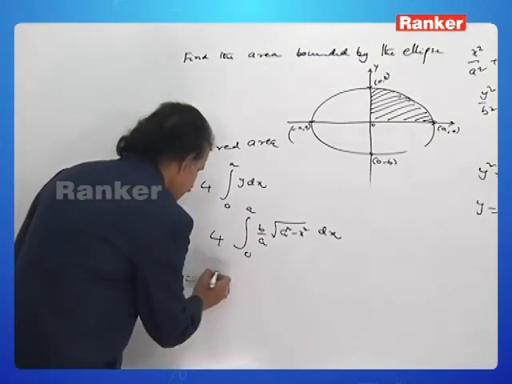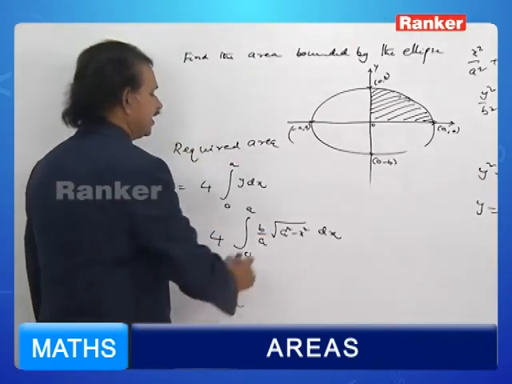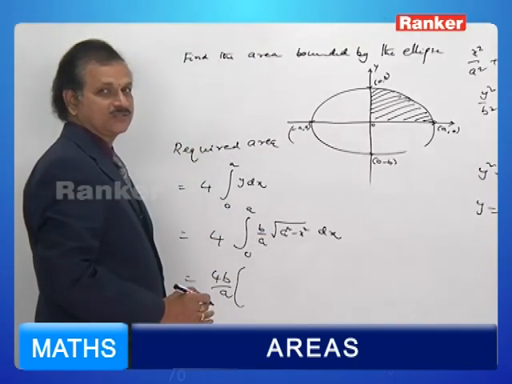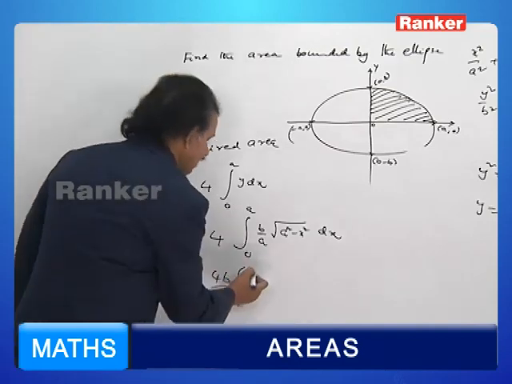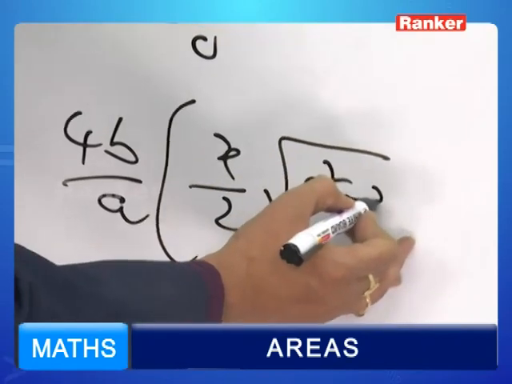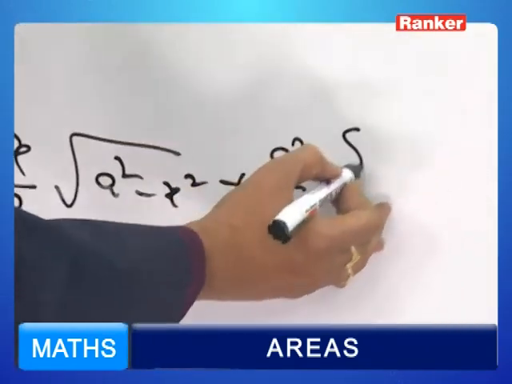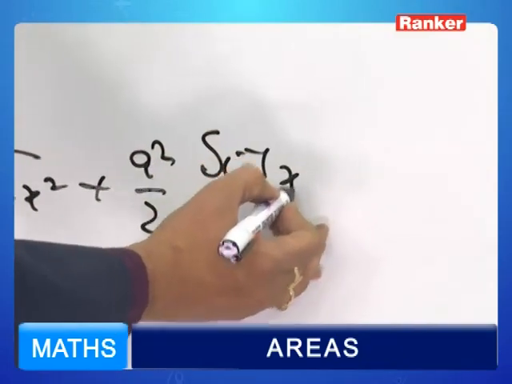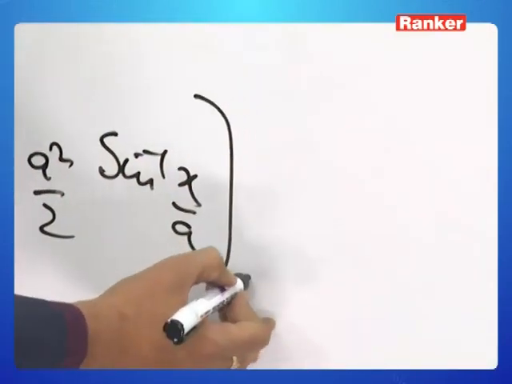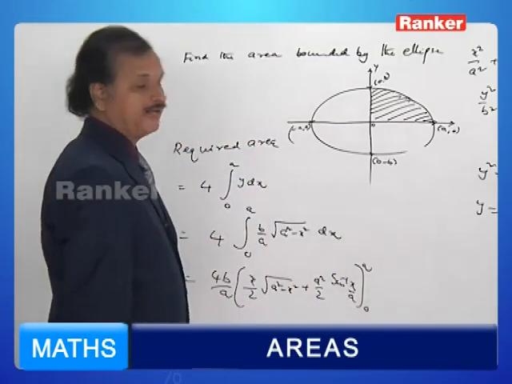So this is 4b by a into, what is the integral of root of a square minus x square? It is one of the standard formulas. It is x by 2 into root of a square minus x square plus a square by 2 into sine inverse x by a, between the limits 0 to a.